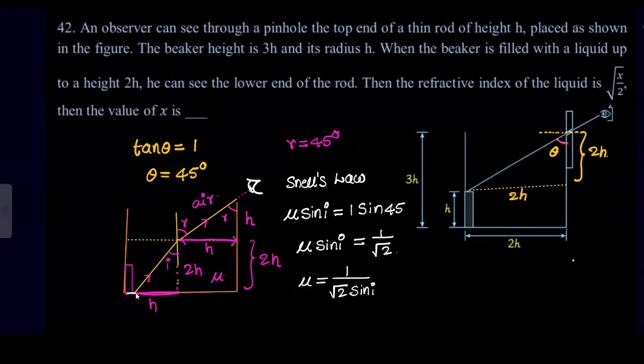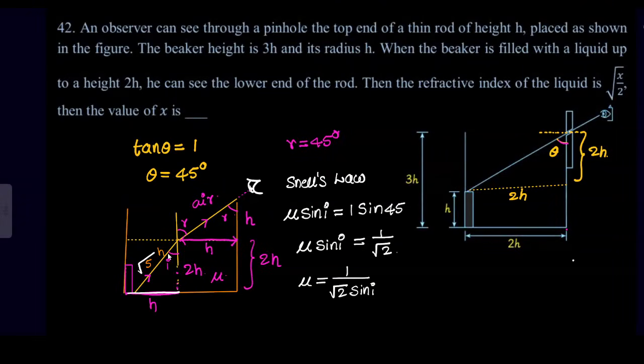So here you can see this is H and this is 2H. So we can get this one now. It is a right angle triangle. Root of H squared plus 2H squared, that is root 5H.